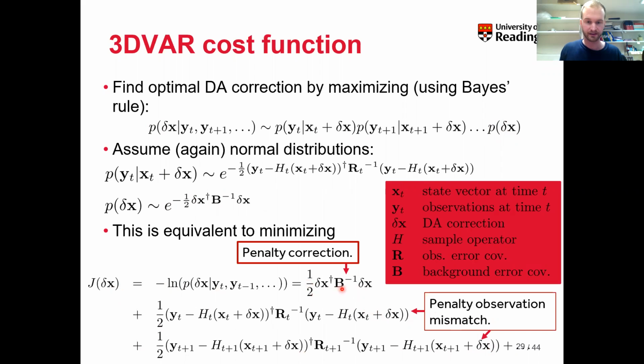There's a penalty term that penalizes any correction to the forecast, and then there are penalty terms that penalize differences between the observed values and the predicted values for those observations based on your corrected model state.